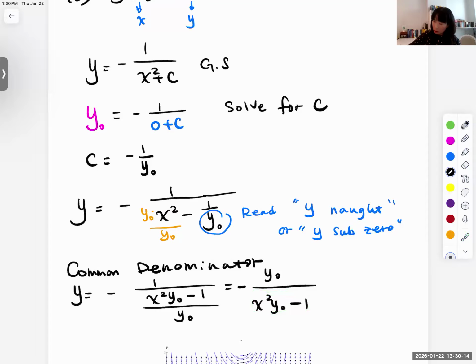We cannot have x squared y naught minus 1 equal to 0. Or we can say that we must have x squared y naught minus 1 not equal to 0. We can say it either way.